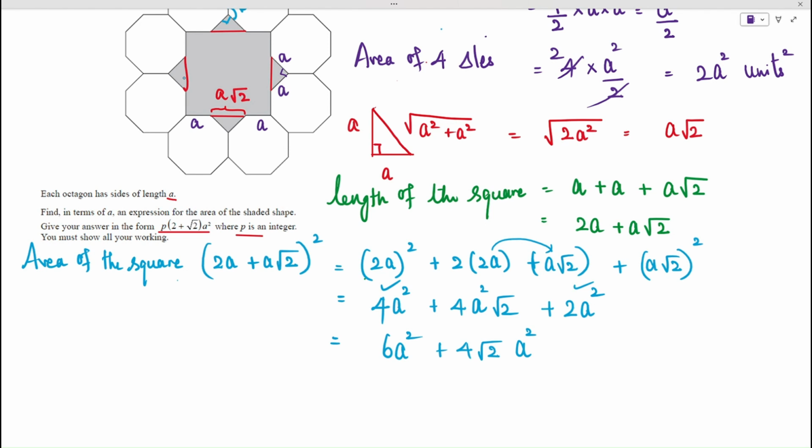Now from here we can factorize out our a squared. So we've got the a squared that we need, which is asked for in the answer. And we can factorize out our a squareds, or we can bring their coefficients together. But before we do that, we're going to add in our 2a squared from the area of our 4 triangles.